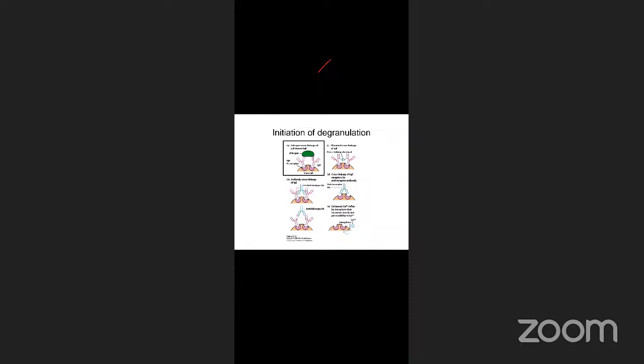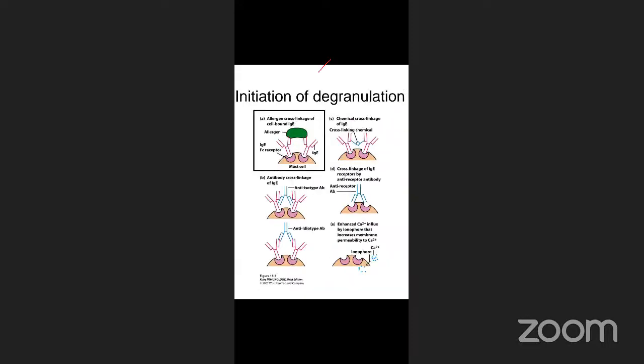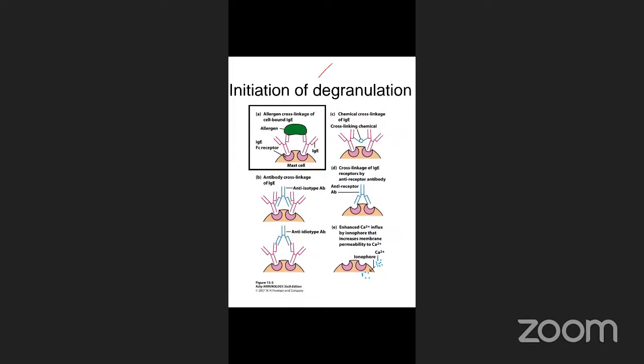Okay, allergen cross-linking of cell-bound immunoglobulin E. This is the allergen, and these are the immunoglobulin E molecules.